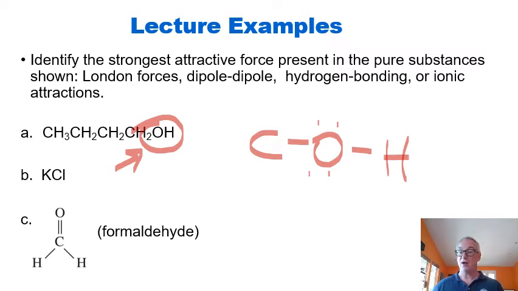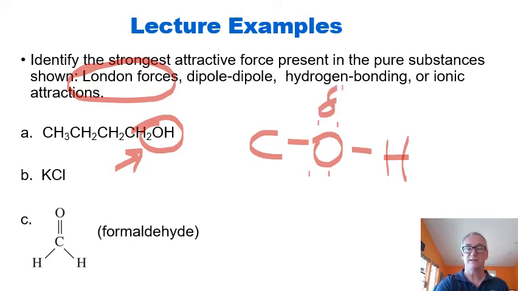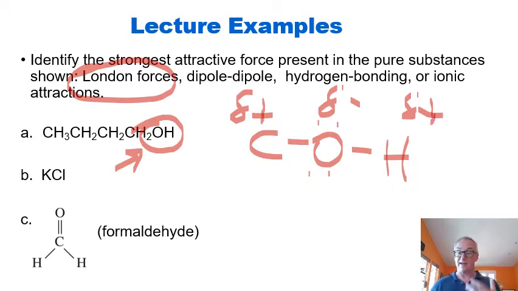Well, we know that all molecules can undergo London dispersion forces. So it's got that going for it. Is there a dipole-dipole interaction here? Yes, because oxygen is present. Oxygen is slightly negative. This carbon is going to be slightly positive. This hydrogen is going to be slightly positive. So we have a dipole there. Okay, check that off.